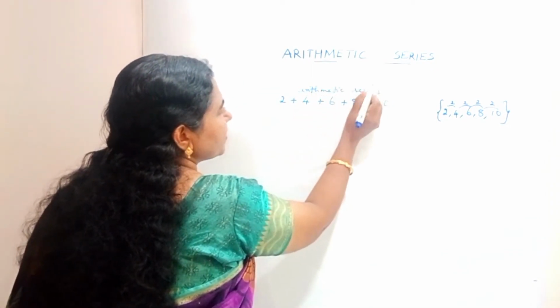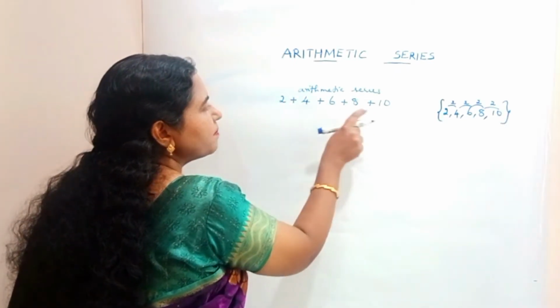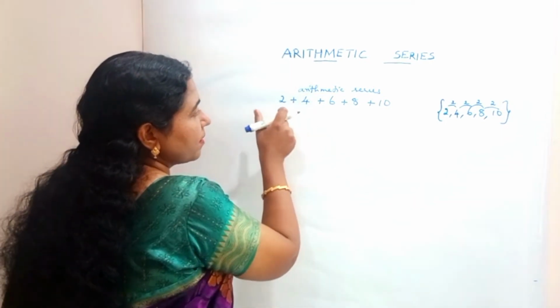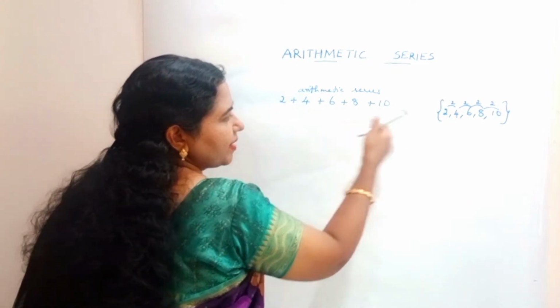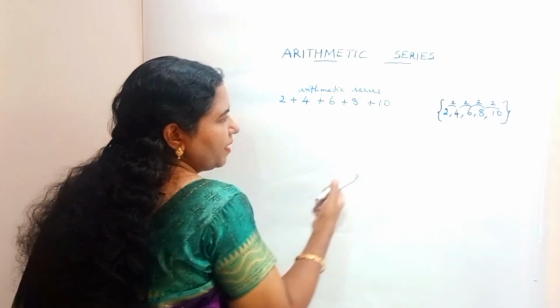Arithmetic series, because we are asked to find out the sum of the terms present in an arithmetic sequence. We should clearly know that the sequence is an arithmetic sequence. Here already, since we have analyzed that sequence, we have got the same common difference.